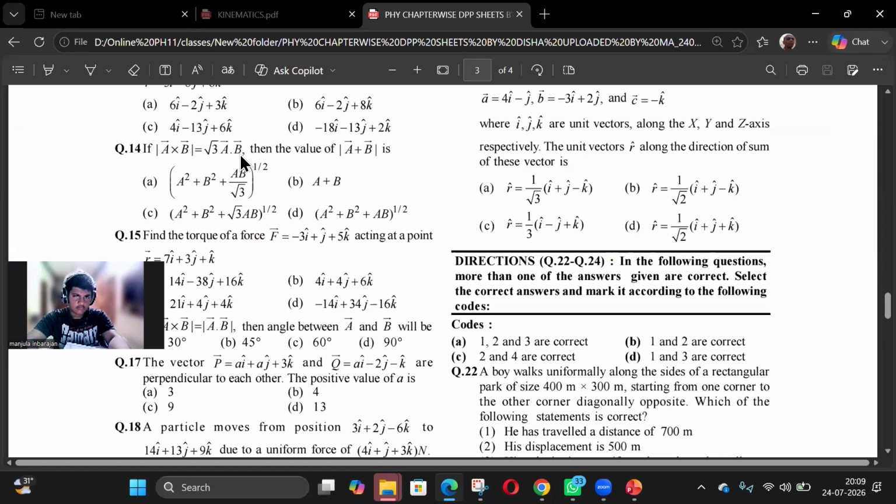That means the angle between the two is 30 degrees. So A plus B I can write as A square plus B square plus 2AB cos theta. So it will come out to be option E.